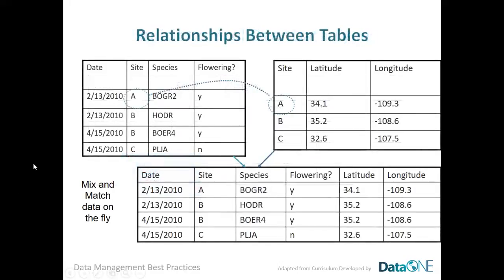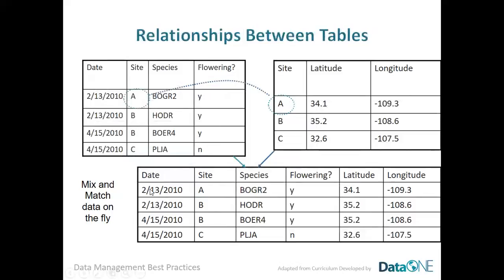And so there's relationships between the tables, which I showed you earlier, and that's the ID. For example, the site table is up here on the top right, which includes the site letter A, B, or C, and then the latitude and longitude of those sites. And then that site ID, the A, B, or C, is also within the top left table. And that's how you're able to pull in data about the sites, like the latitude and longitude, into another table by running a query.